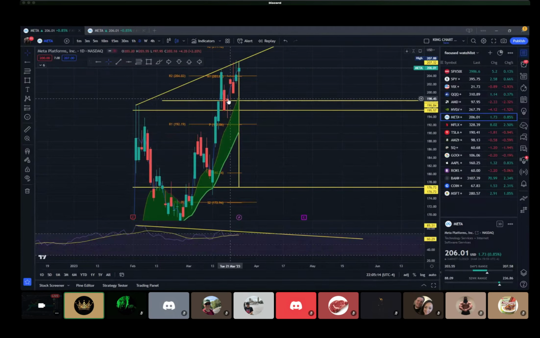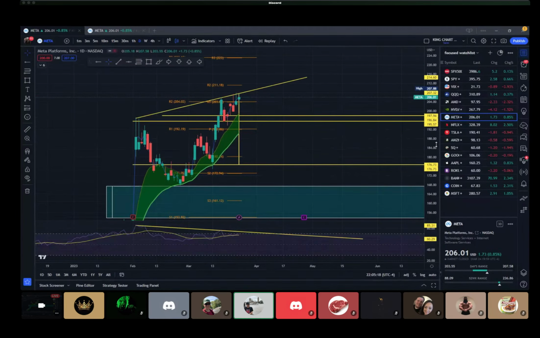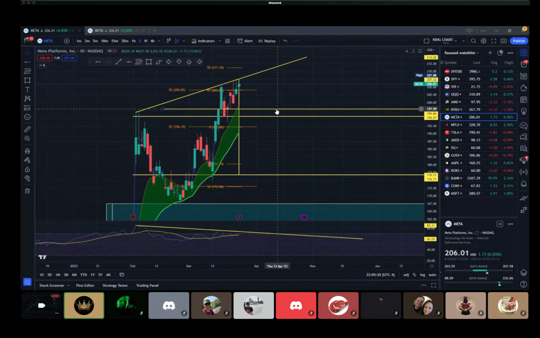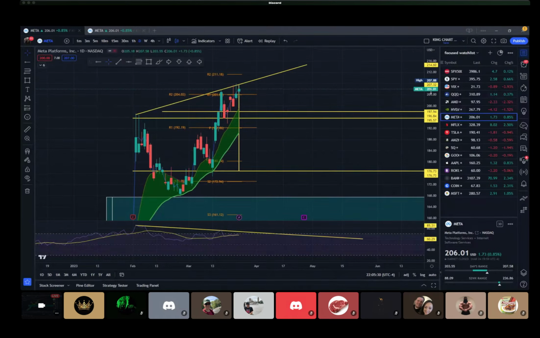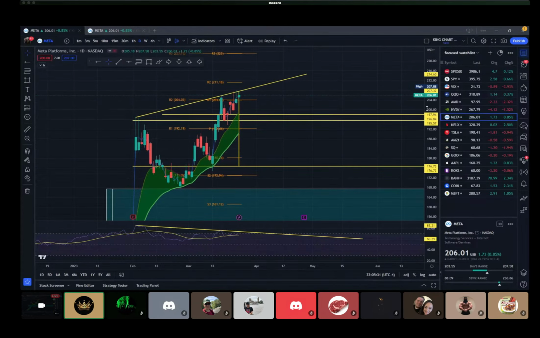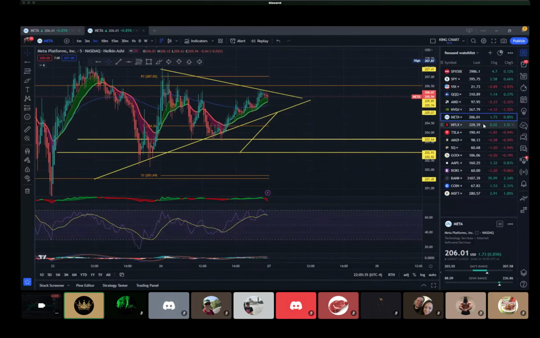But I like the rejection here and a nice rejection here. So from 204.02 could definitely see 197.99, 195.45. And then, of course, if you want to leave runners for this huge move, you can, but that's up to you and your risk tolerance. All right, what else we got?